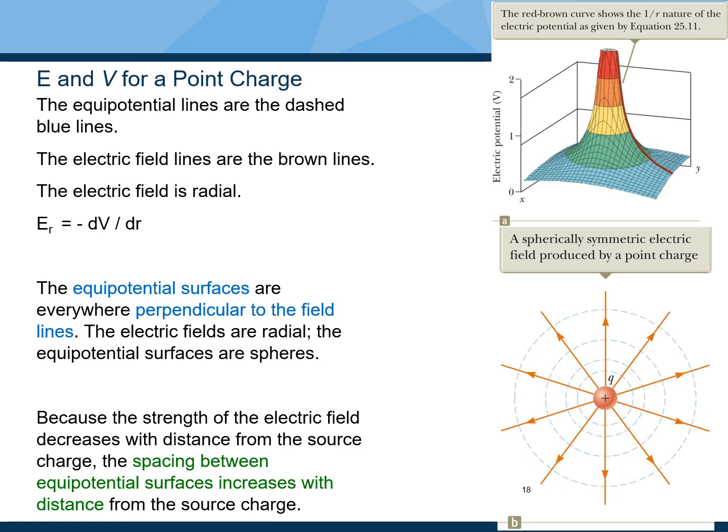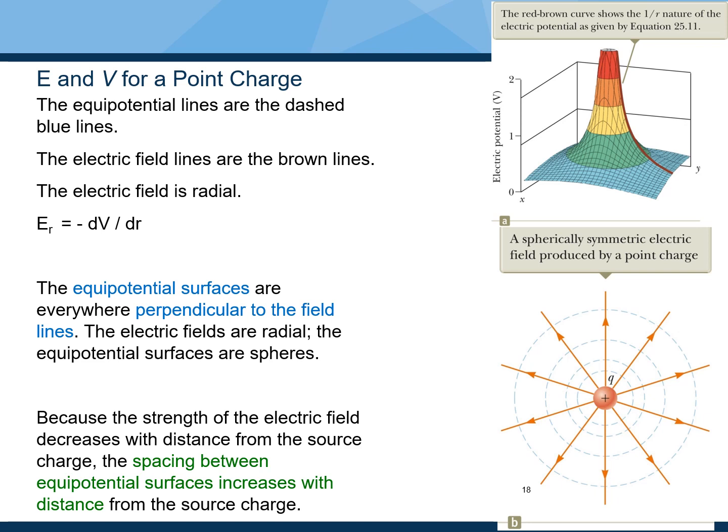Now, the question is, what is the relationship between the electric field and the electric potential for a point charge? The answer is that the equipotential surfaces associated with a point charge are in fact spherical, and therefore the electric field ought to be radial. So that is axiomatic, because basically we saw in the previous unit that the electric field is perpendicular to the equipotential surfaces.